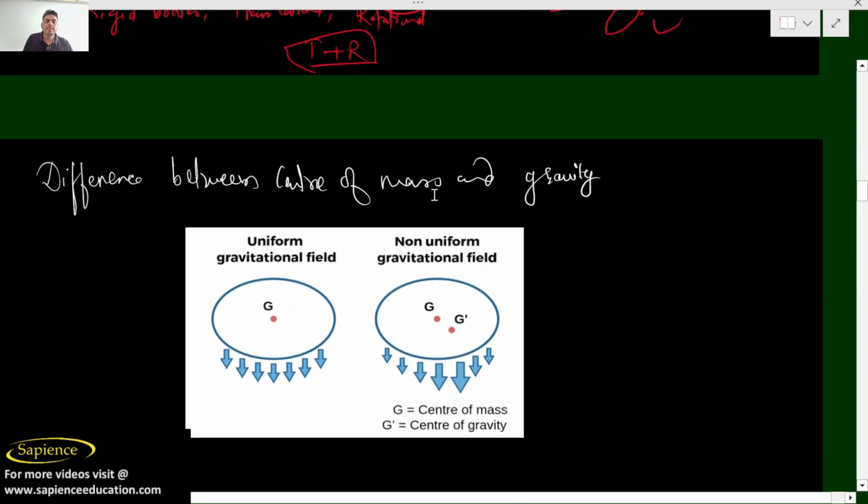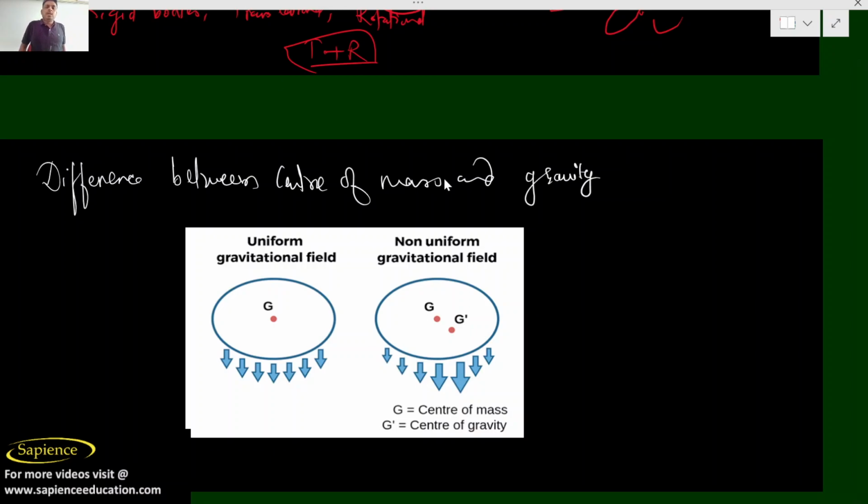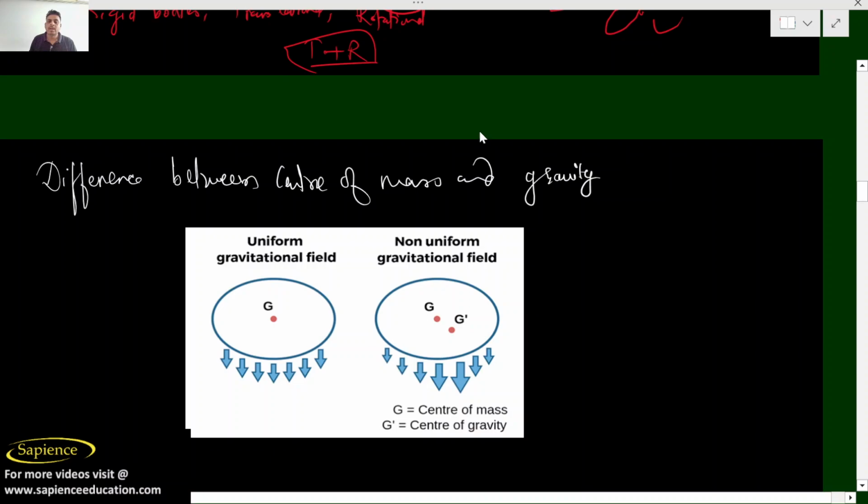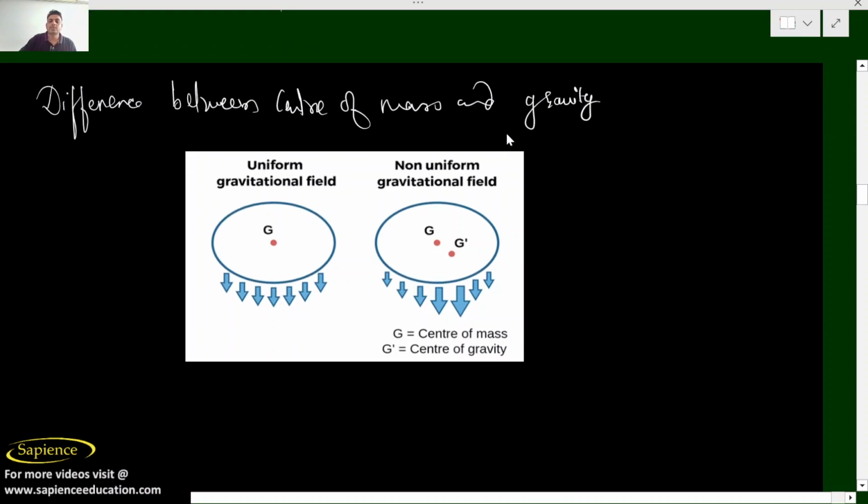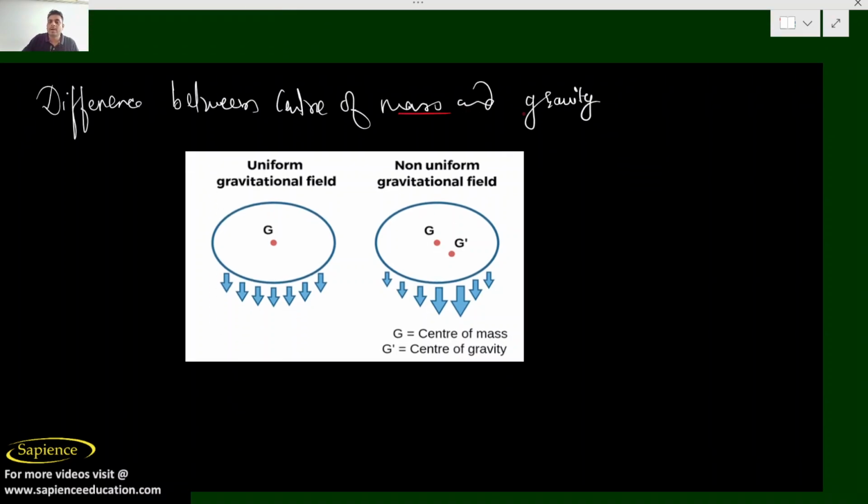Now I will discuss the center of mass and center of gravity. There are two terms we mostly discuss: center of mass as well as center of gravity. What is actually the difference between center of mass and center of gravity?